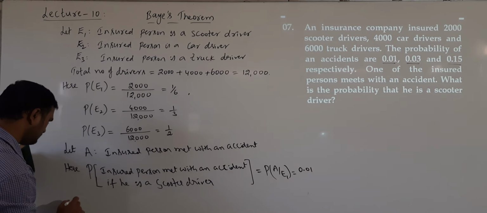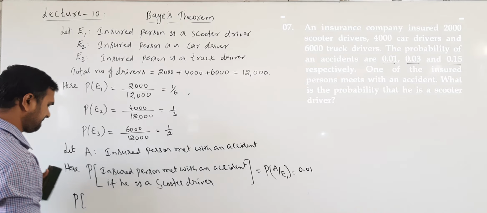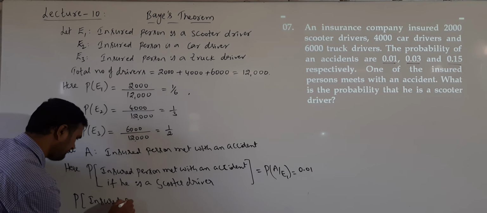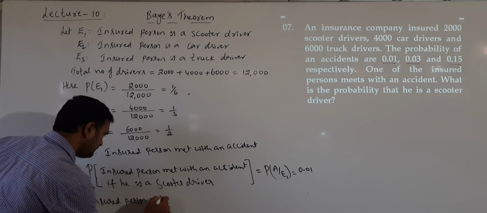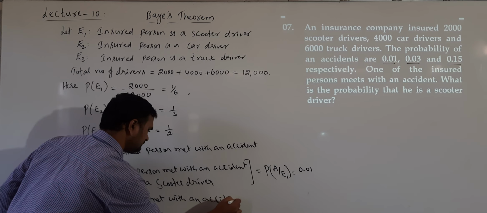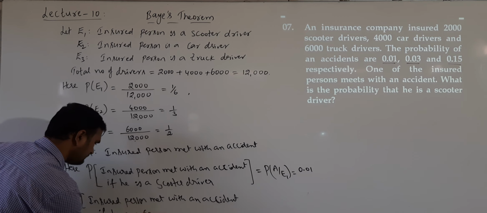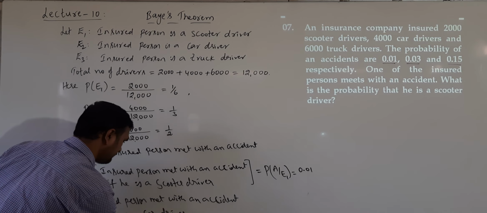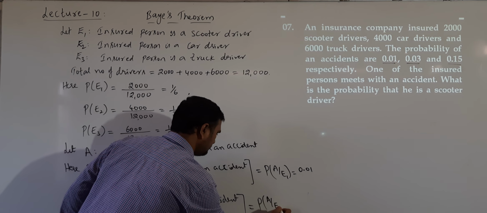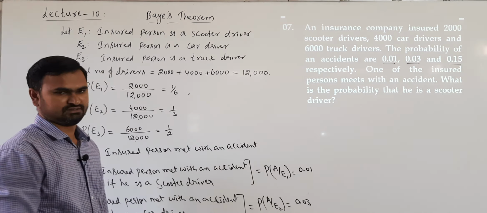Next, the probability that the insured person met with an accident if he is a car driver is P of A given E2, which is given as 0.03.